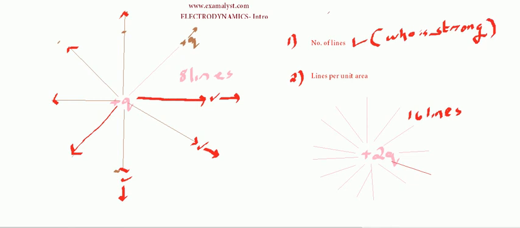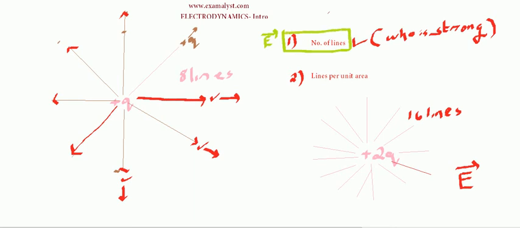But there is one more thing. We have a thing called electric field, don't forget that. And these lines are representing electric field. But the problem is, can I use the total number of lines to represent the electric field?